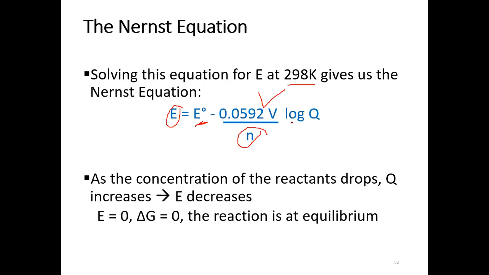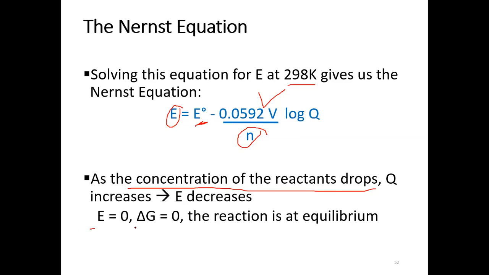This is exactly for 298, so keep that in mind. Then log of the Q. As the concentration of the reactants drops, Q increases, and as the Q increases, the E is going to decrease.